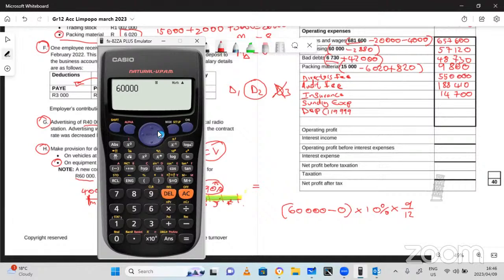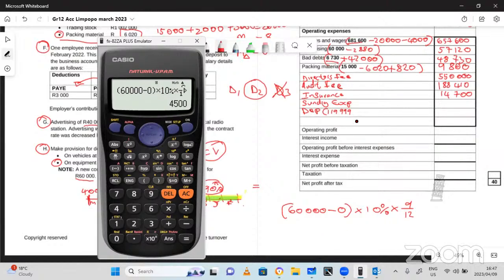But for argument's sake, let me minus that 0. So for you to see it, then I multiply with the 10%, shift percentage. Then I multiply with the 9 over 12 as well. Then I'm getting what? I'm getting 4,500.